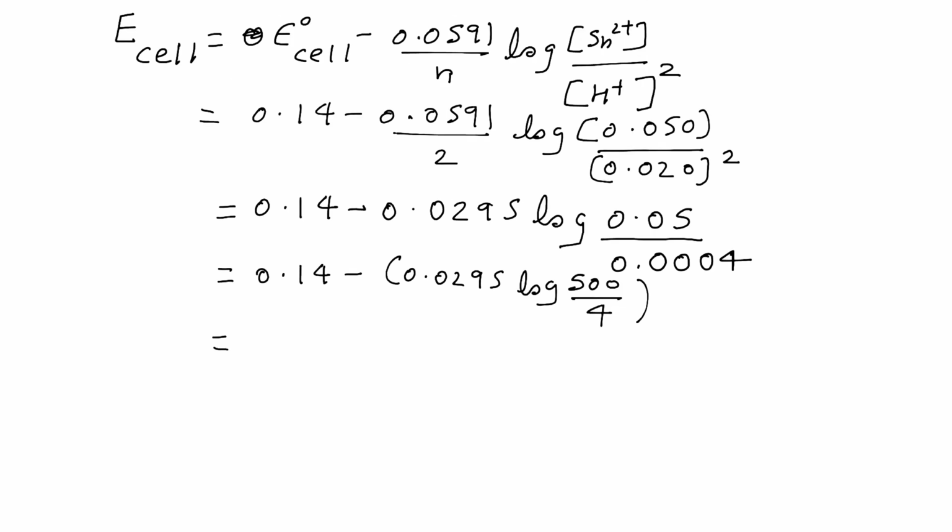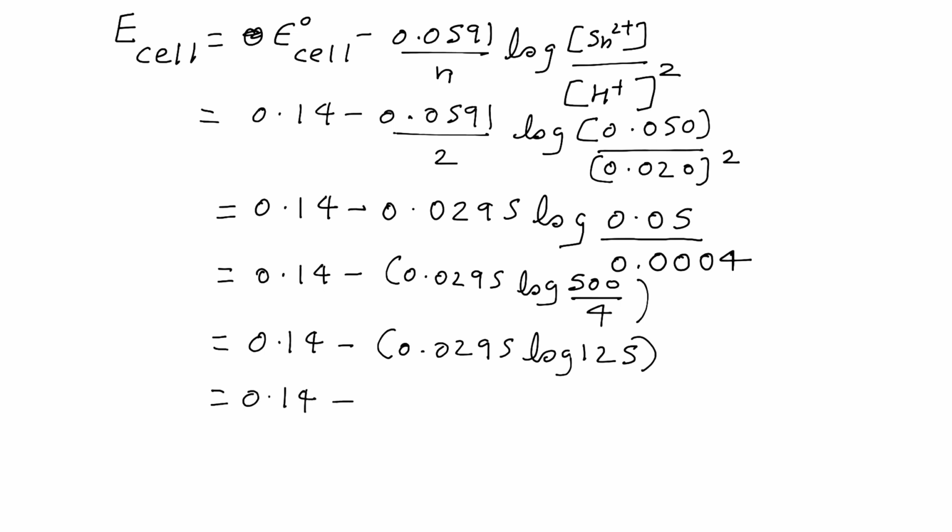So it should be like 0.14 minus 0.0295 log 125. Correct? Now 0.14 minus 0.0295 log. See, 125 is what? 5 cube, right? 5 cube. Correct?